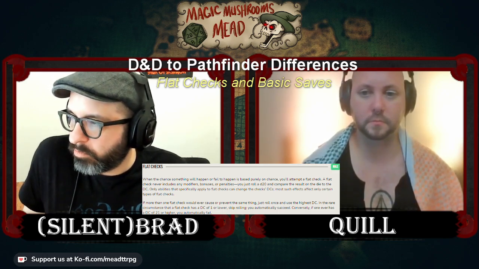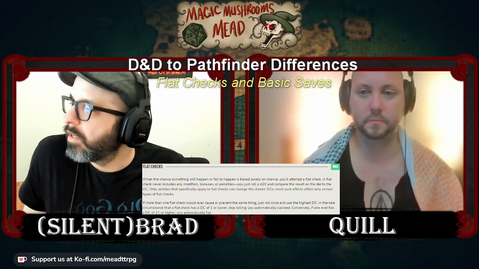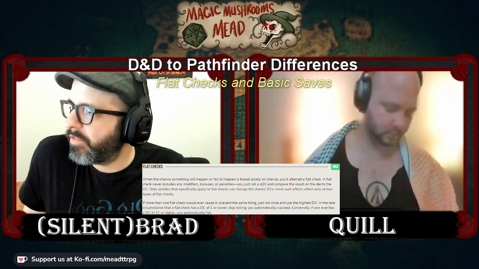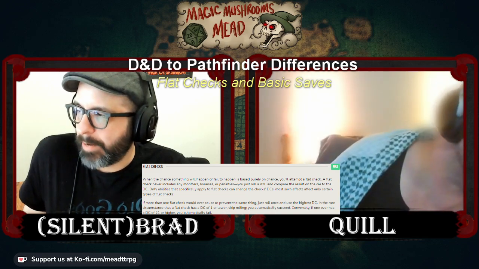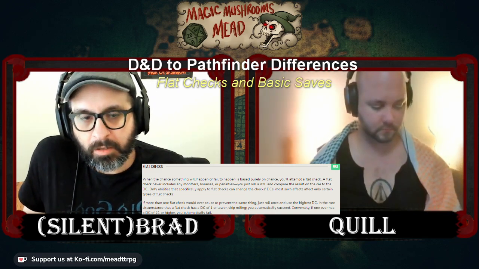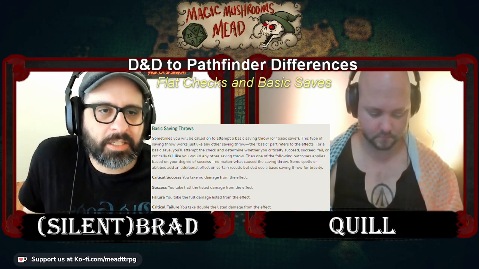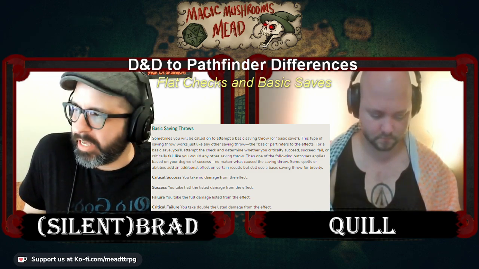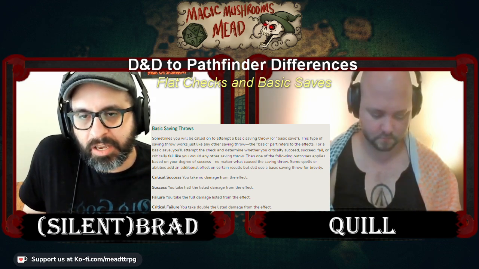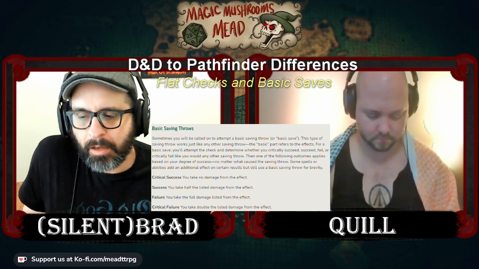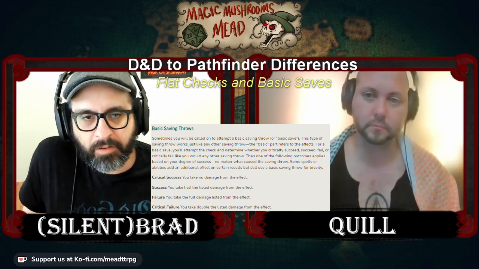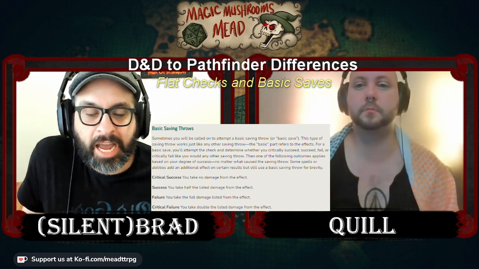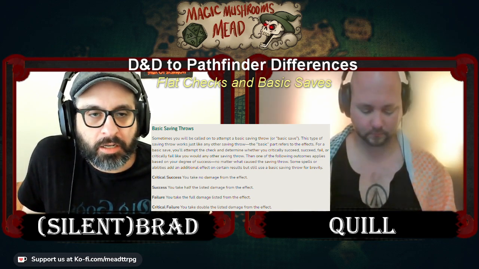And then there are flat checks, which are just a normal d20 with no modifier. Most of the damaging spells, or a lot of them, will say a basic save, so basic Will, basic Fort, etc. A basic save is what you generally see in cantrips and stuff in 5e, where it's half damage on a success.